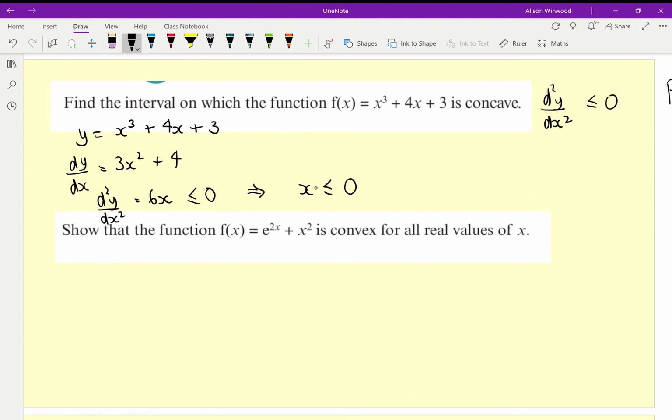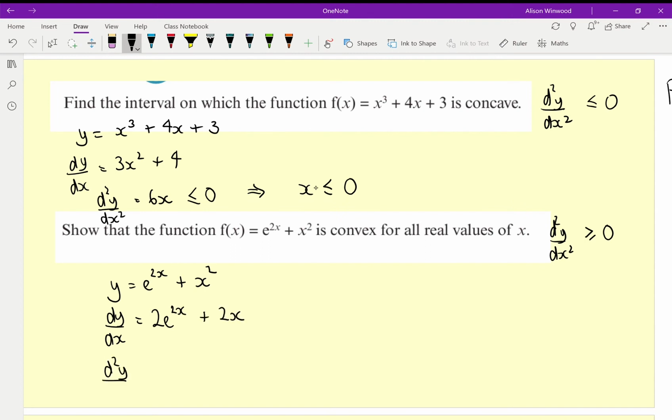We want to show that we've got convex this time, so that means the second derivative needs to be positive. So there's our original function. If we differentiate once, we get 2e to the 2x plus 2x. And if we differentiate a second time, we get 4e to the 2x plus 2.